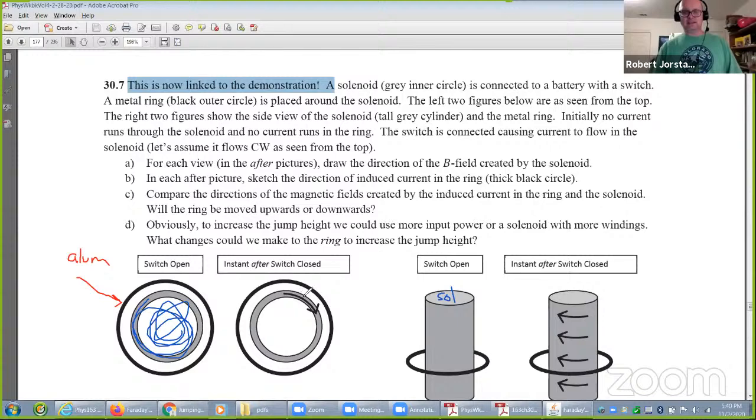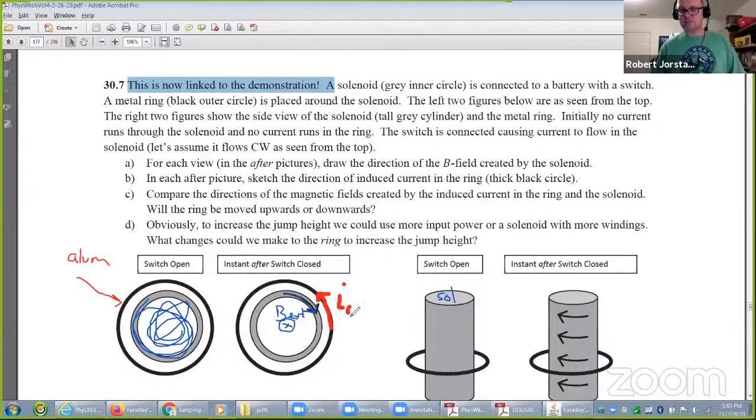So the idea is if you turn on the solenoid right now, which would you get, a dot or an X from this arrow? I think that would be an X. So the solenoid is going to create a B external into the page. As a result, the current induced is going to oppose that change.